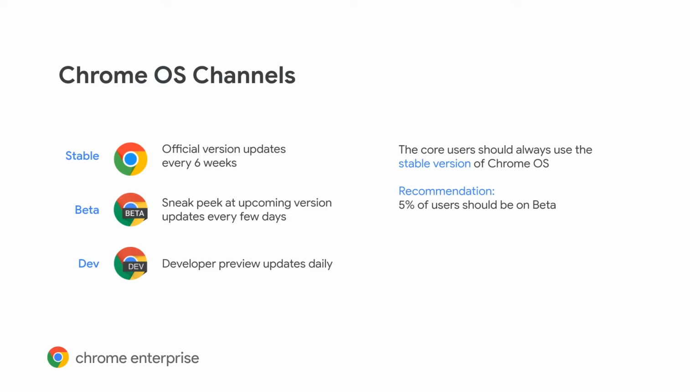In addition to that, we also have the beta channel, which, as the name suggests, is a beta and allows you to get a sneak peek of any upcoming version updates, and that comes out every few days. And we also have the dev channel, which, as the name suggests, is a developer channel with experimental features which are updated daily.